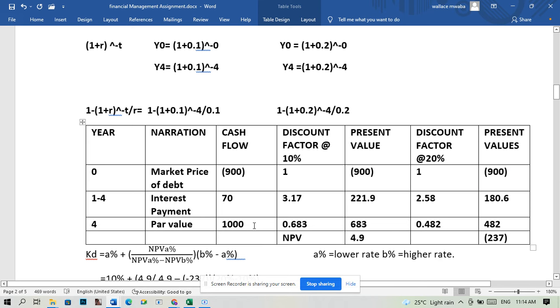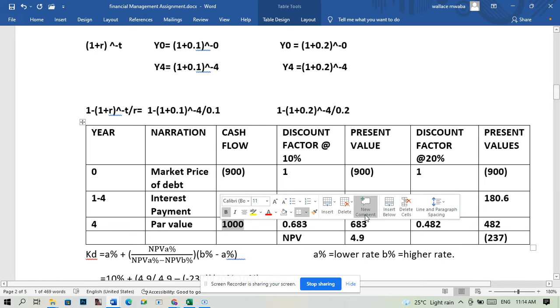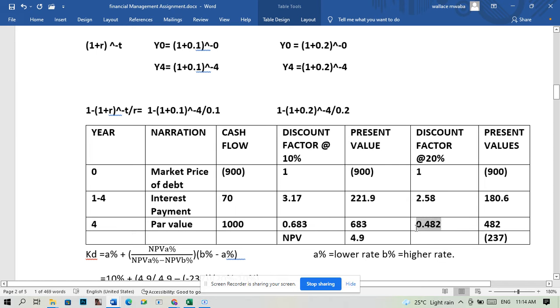And finally 1000 times 0.482, we get 482. Then we total up our present values, and we get negative 237.